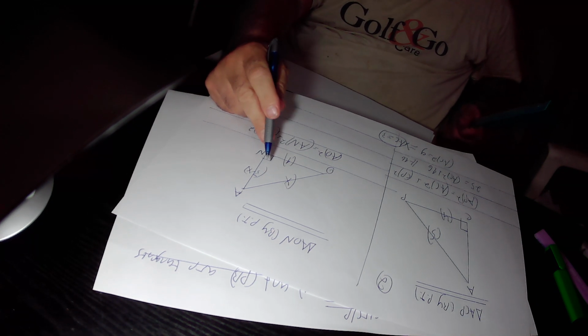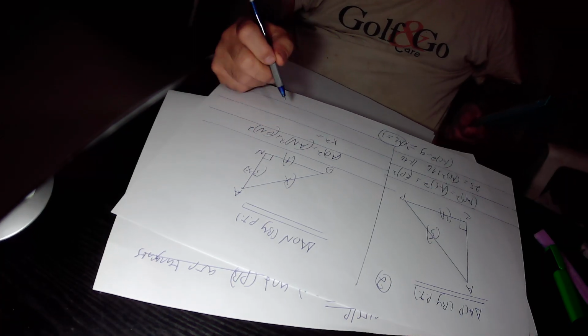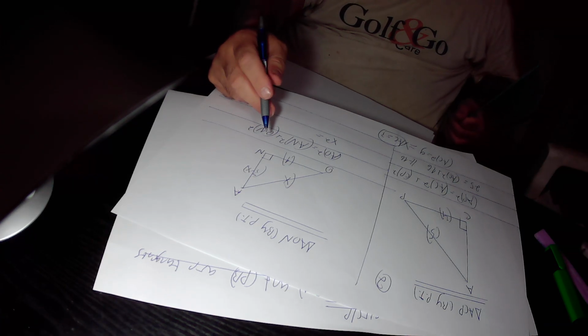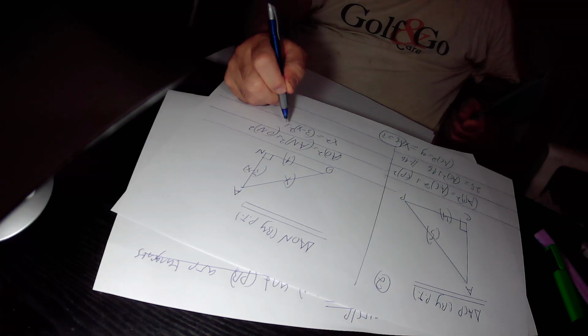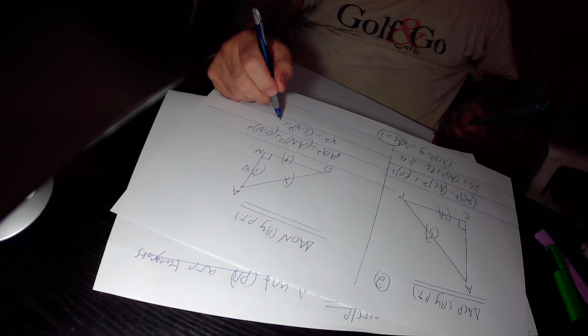AO is x, therefore AO squared is x squared, and it is equal to AN squared. AN is 3 minus x, therefore AN squared is (3 minus x) squared, plus ON squared. ON is 1, therefore ON squared is 1 squared, that is 1.